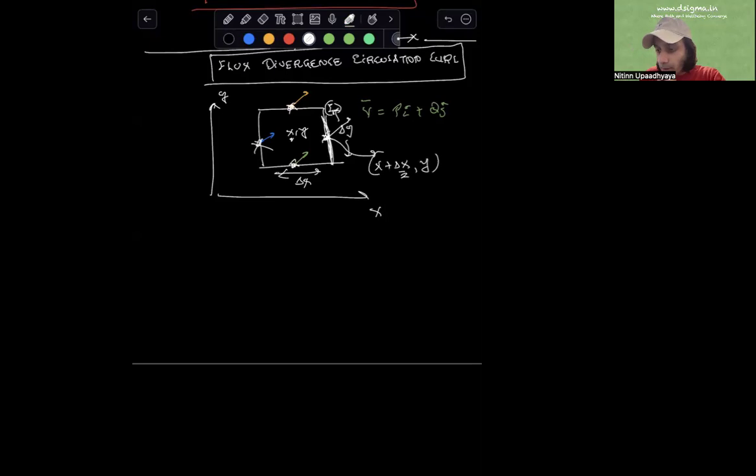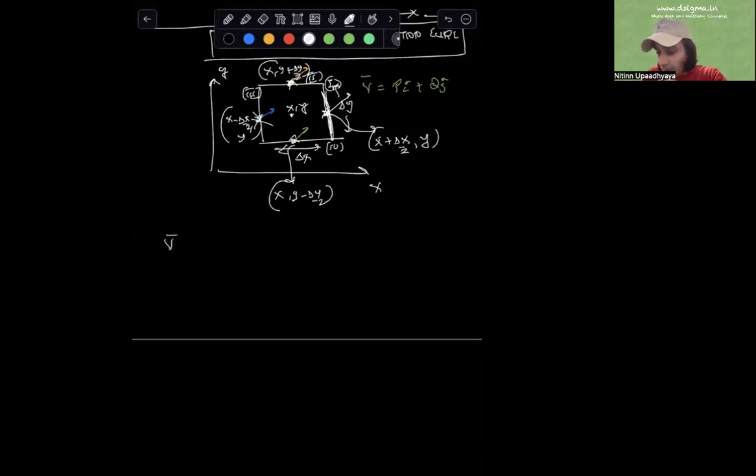The midpoint of segment 2 would be at x comma y plus del y by 2. The midpoint of segment 3 will be at x minus del x by 2 comma y. And the midpoint of segment 4 would be at x comma y minus del y by 2.